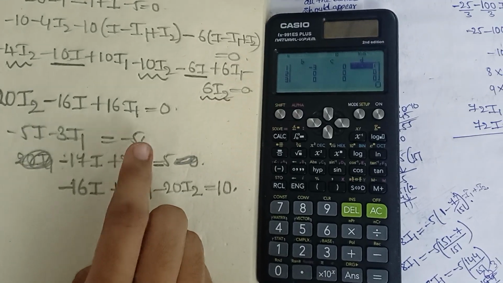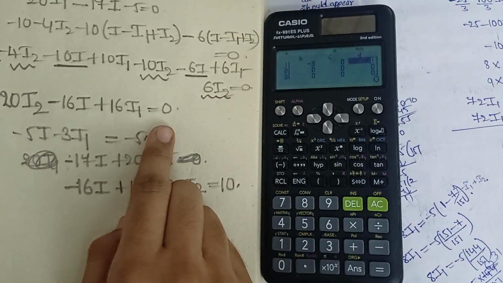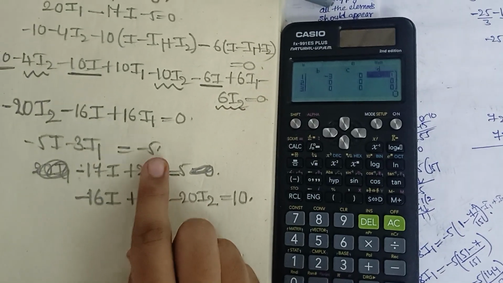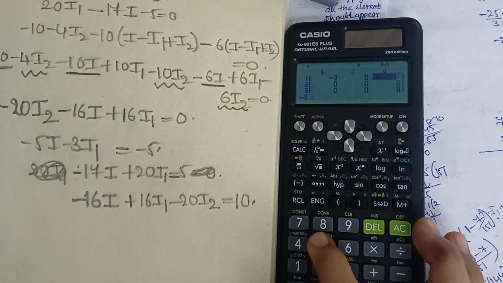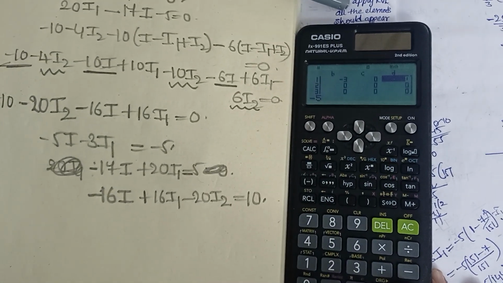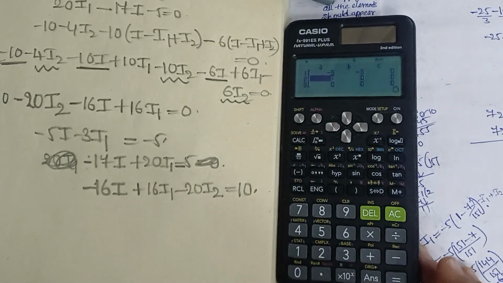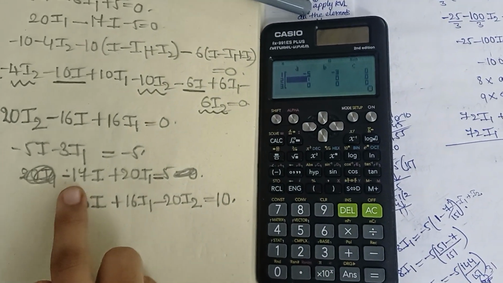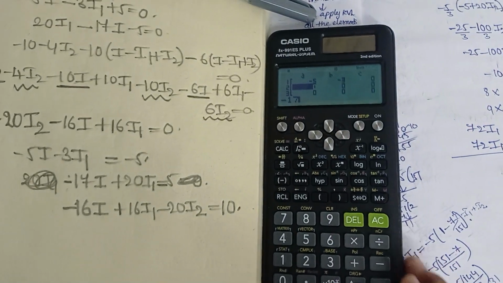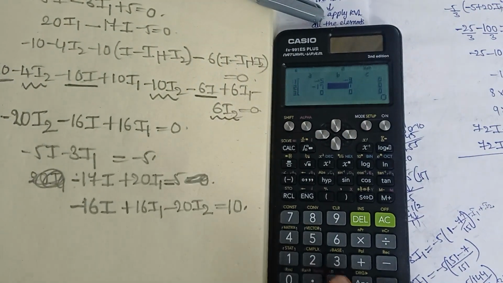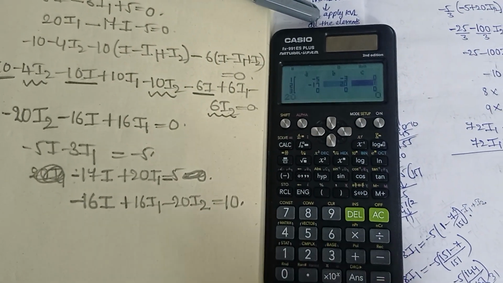And here it is in the form Ax = B, right? So at last you have to place the value of B, which is minus 5, and again click equal to. Now here the coefficient of I is minus 17, equal to 20, equal to.